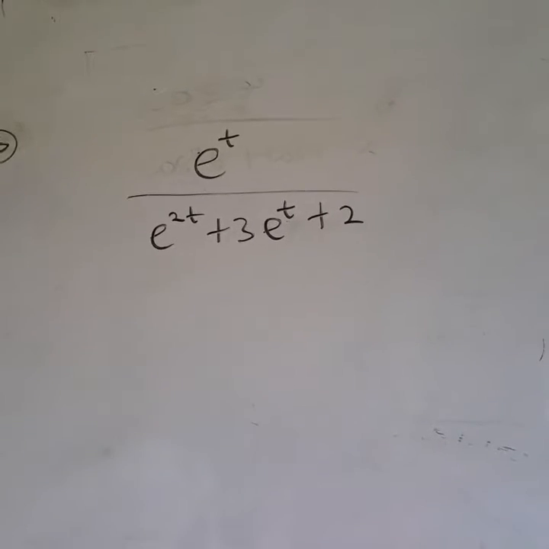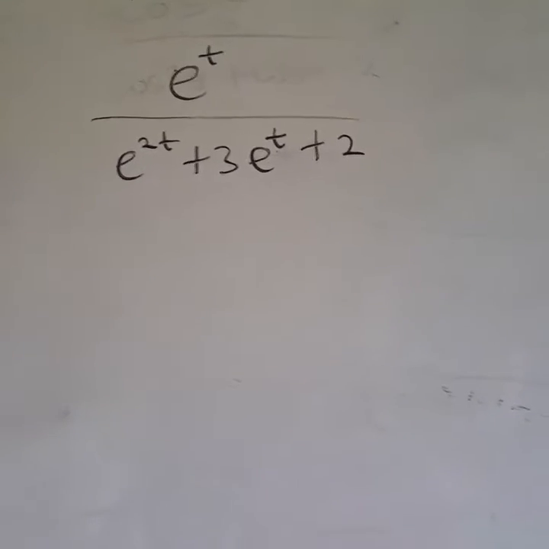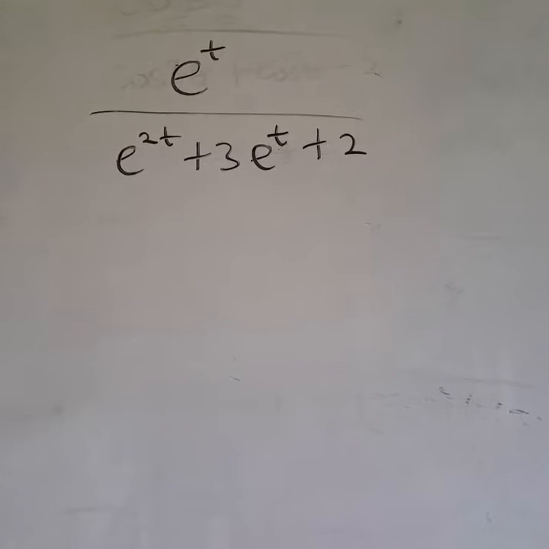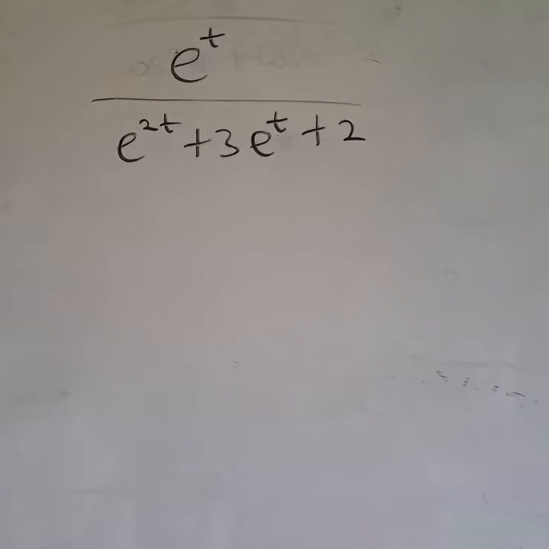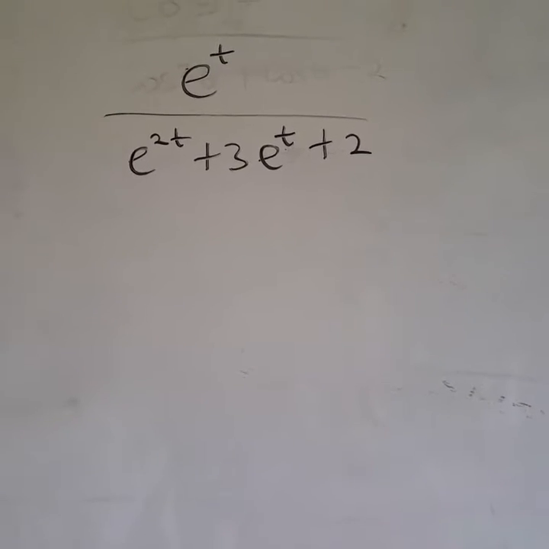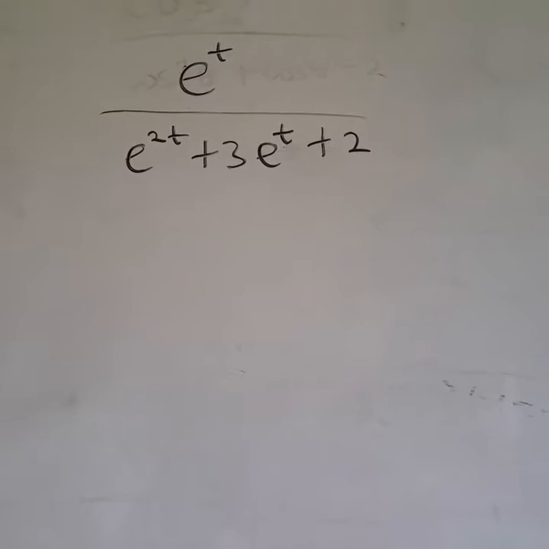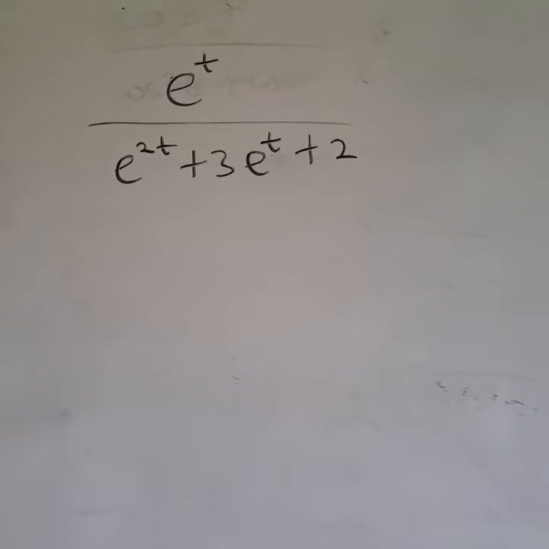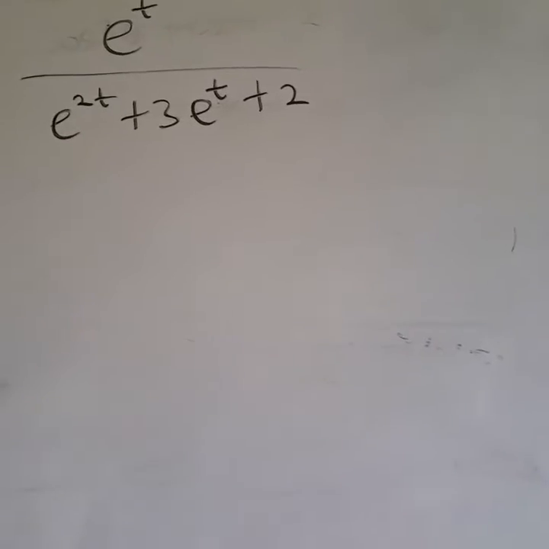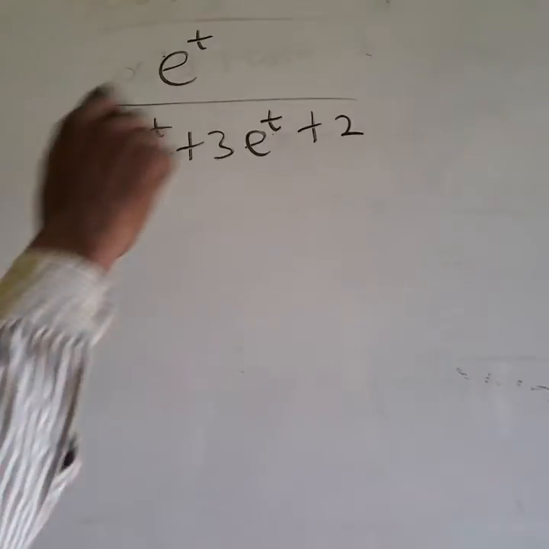Okay, so when we look at example number 3, we have exponential t all divided by exponential 2t plus 3 exponential t plus 2. Of course, we can't solve it without transforming it to a form that will be easy to solve. So how do we transform this?